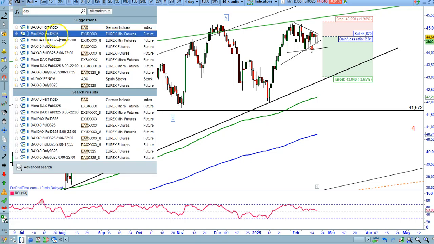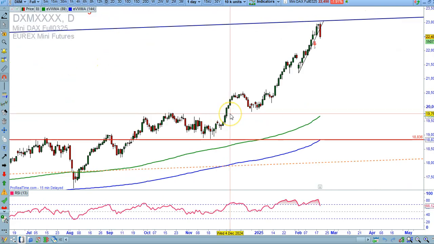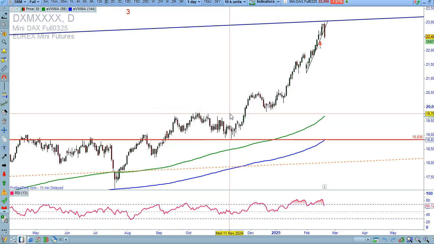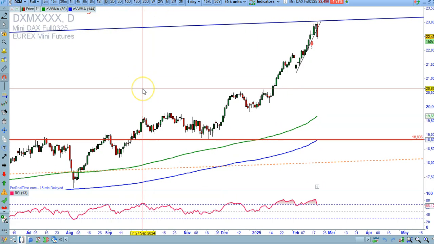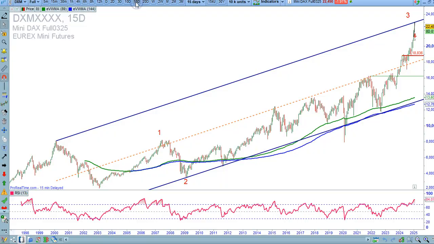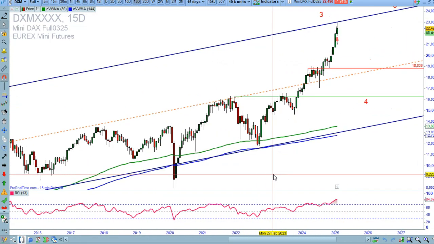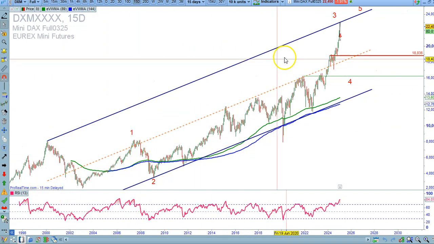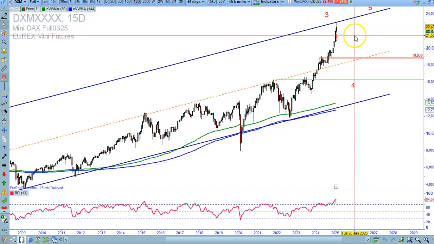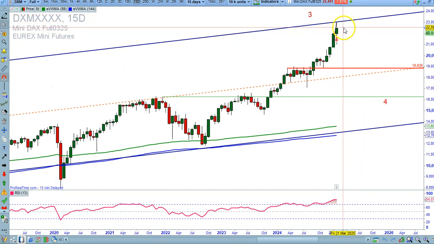The DAX also is a European index, in a different situation, but similar to the Nasdaq, and it has reached the long-term top of the channel, which is 23,000.